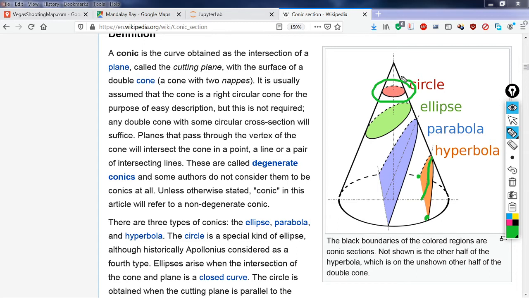So the angle of that cone relative to the Earth is going to determine exactly which shape you see on the ground. Okay, so let's go back over to the drawing side and think about that a moment.